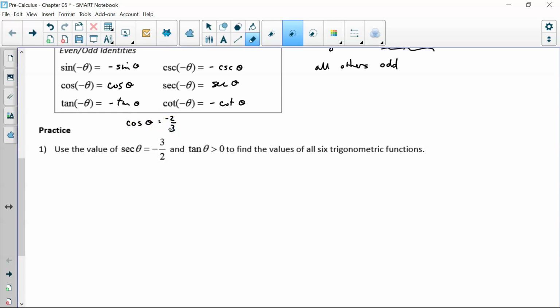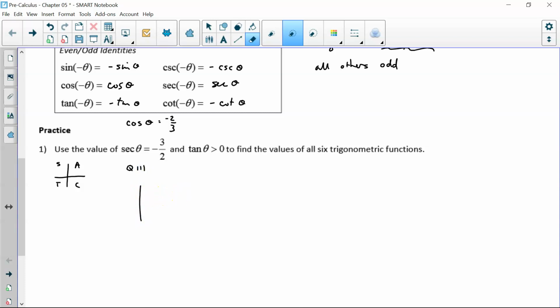Now, if cosine is negative and tangent's positive, they're all positive in quadrant 1. Only sine is positive in quadrant 2. Only tangent is positive in quadrant 3, and only cosine is positive in quadrant 4. So because cosine's negative and tangent's positive, we have to be in quadrant 3.